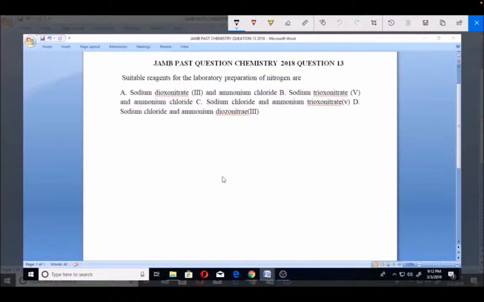Now, if you check the chemistry textbook under nitrogen and its compounds, note that the laboratory preparation of nitrogen is actually from ammonium dioxynitrate 3.